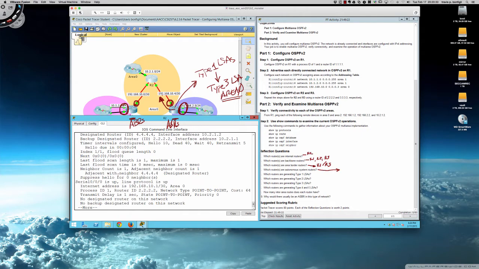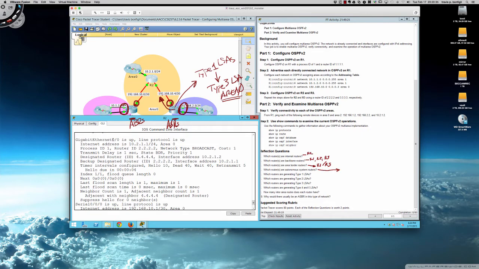There we go. All right, so let's take a look here. So the gig 0/0 link is up, and its adjacency is with router 4, who is out in that cloud that we don't have visibility into. But you can see here that my state is the BDR, right? So there is a DR and a BDR. The DR is router 4, probably because it has the higher router ID, which is 4.4.4.4.